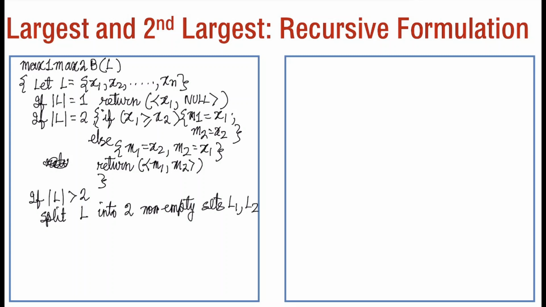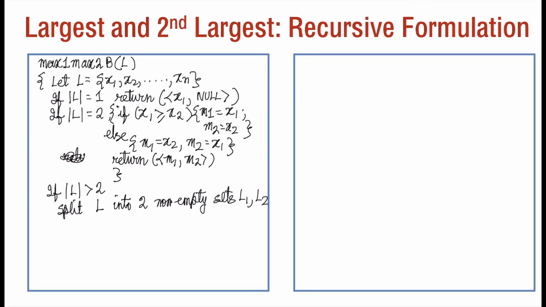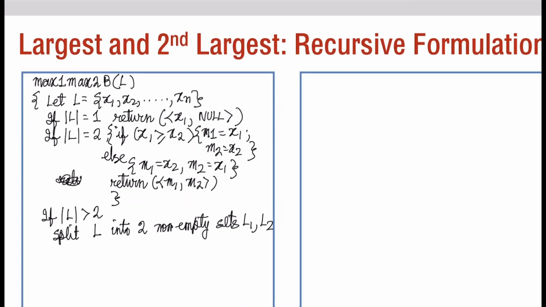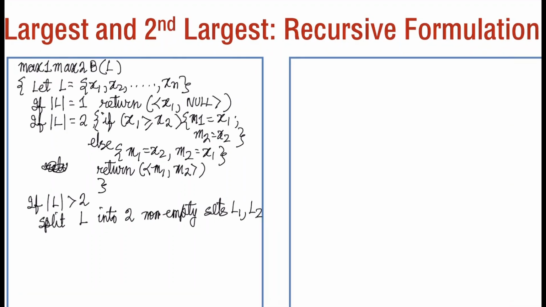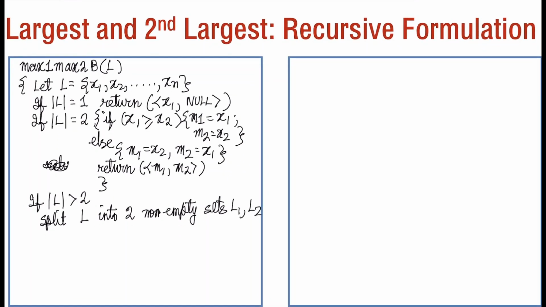and we get the response back. So we get y1, y2 equal to max1, max2b of L1.